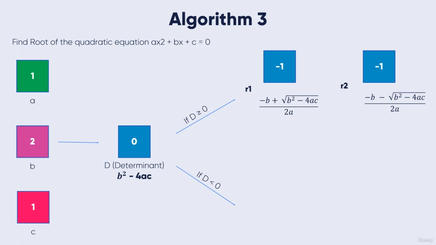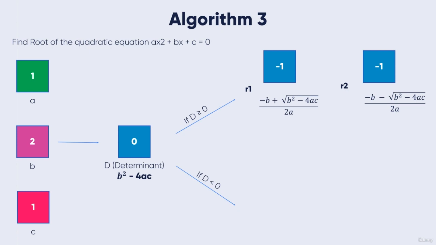Okay, we have a, b, c, d, r1 and r2 till now. r1 and r2 represent the roots of this equation. r1 is calculated by minus b plus radical b squared minus 4ac over 2a, and in this case, it is equal to minus 1.